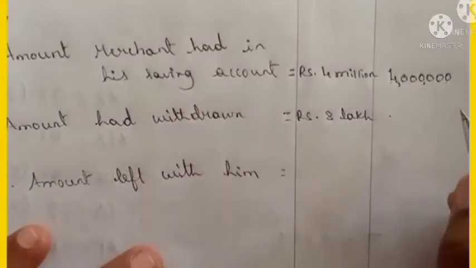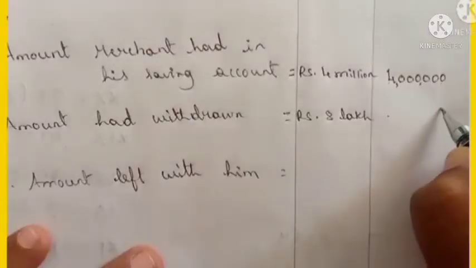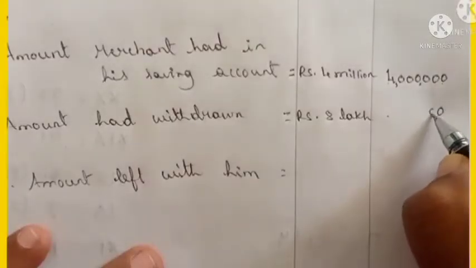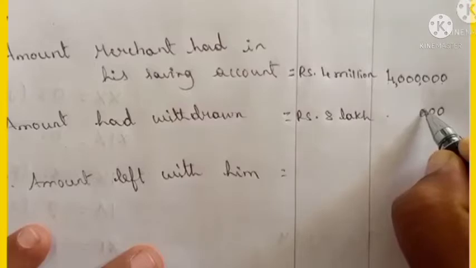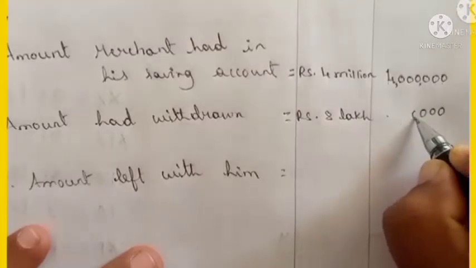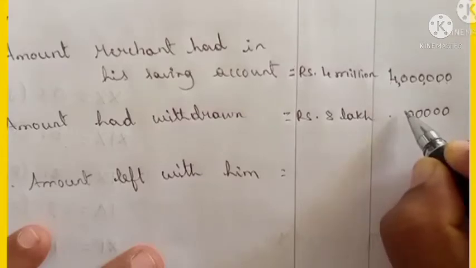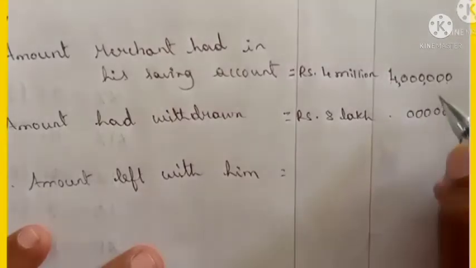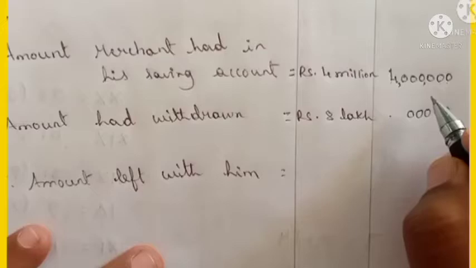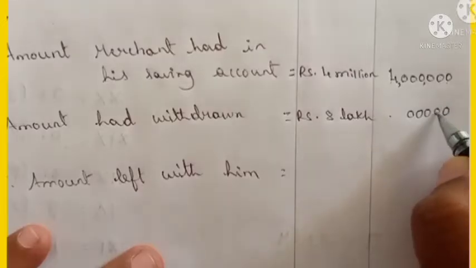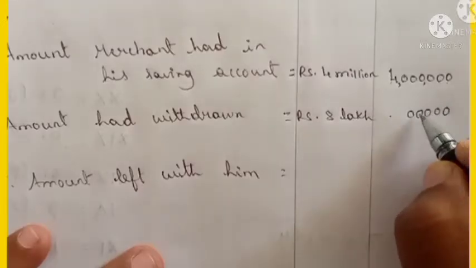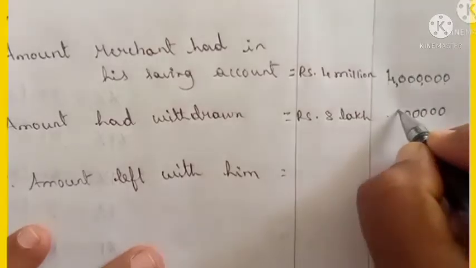So take 8 lakh. How you are going to write? So write down here 0 here. Ones, tens, hundreds, 1000, 10,000, then lakh, isn't it? So ones, tens, hundreds, 1000, 10,000, lakh.